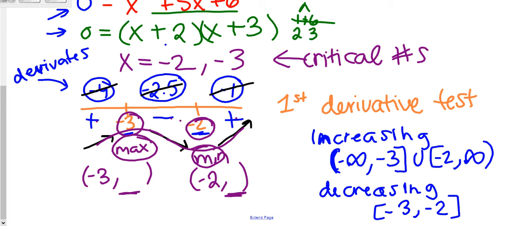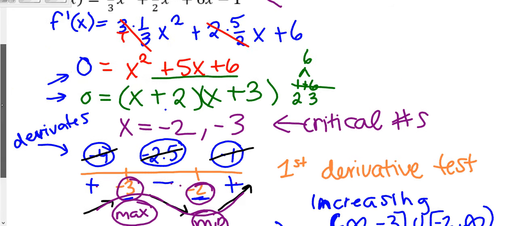But the values that you would get, if you plug in negative 3, you would get negative 5.5. And if you plug in negative 2, you get negative 5.66, and then we round it to 3 decimal places because we are in AP Calculus, negative 5.667. Always 3 decimal places if it's available.